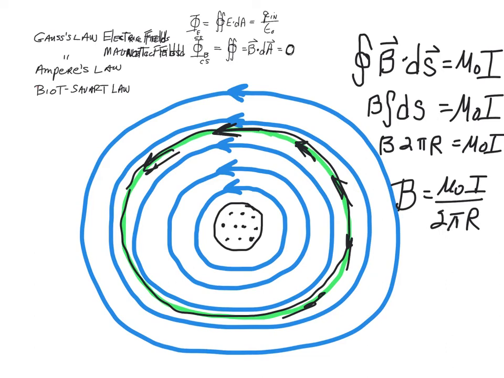Supposing we wanted to know the field inside the wire, we would do the same thing. We would draw an Amperian loop or a circle inside the wire.